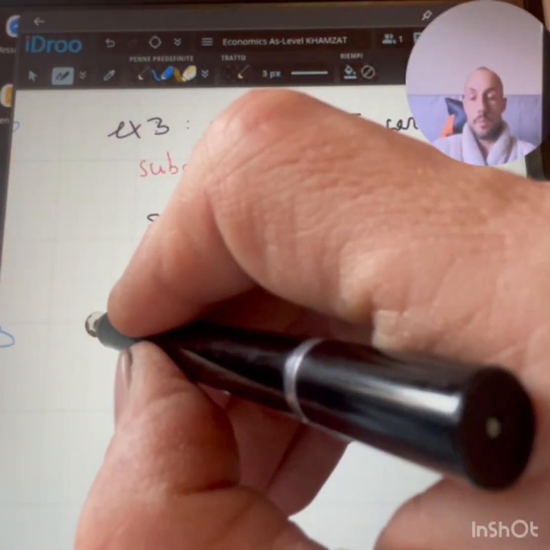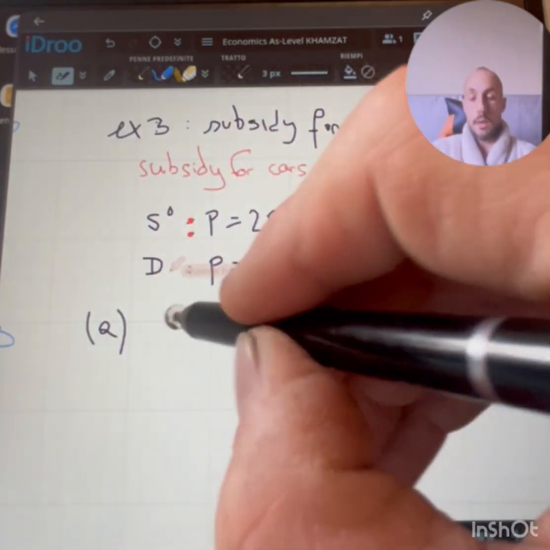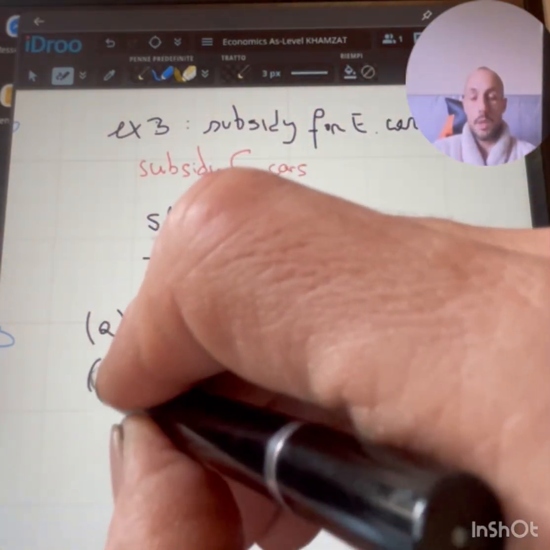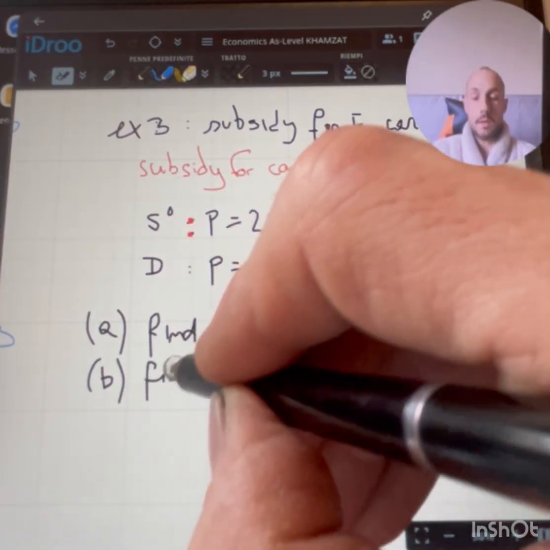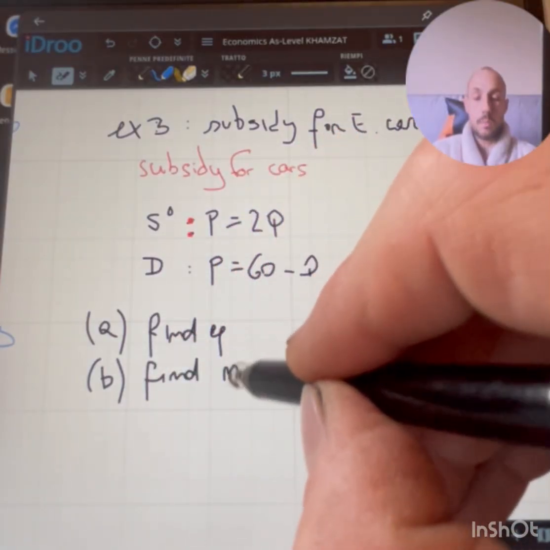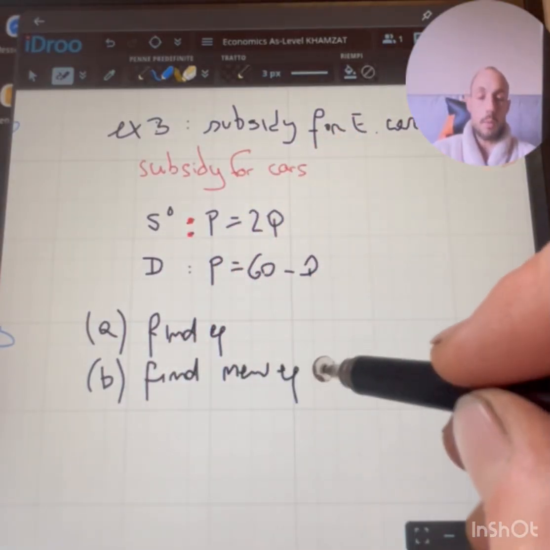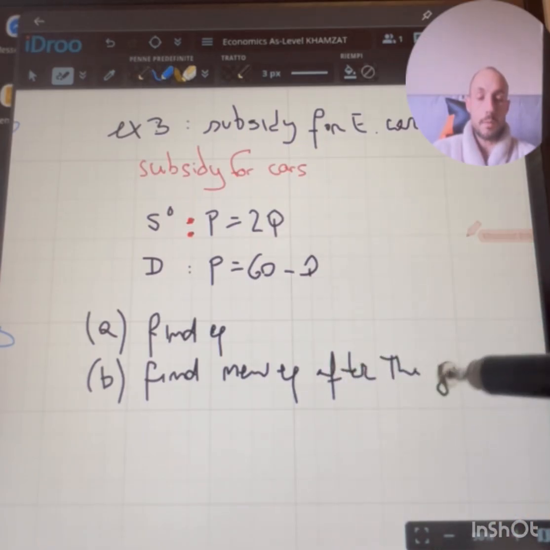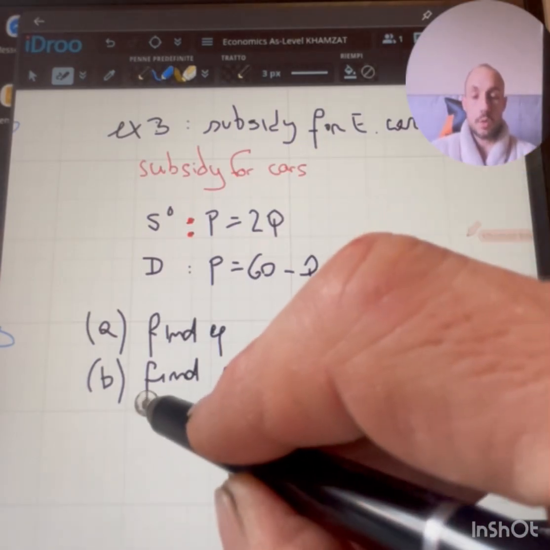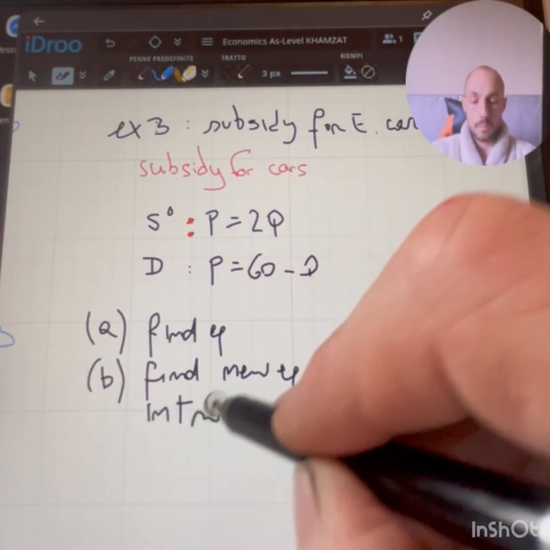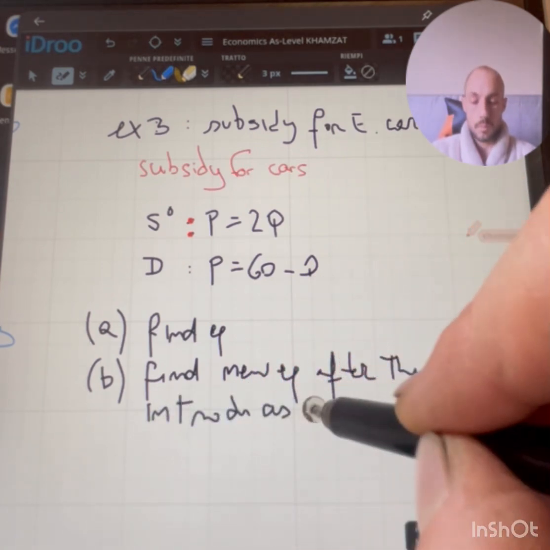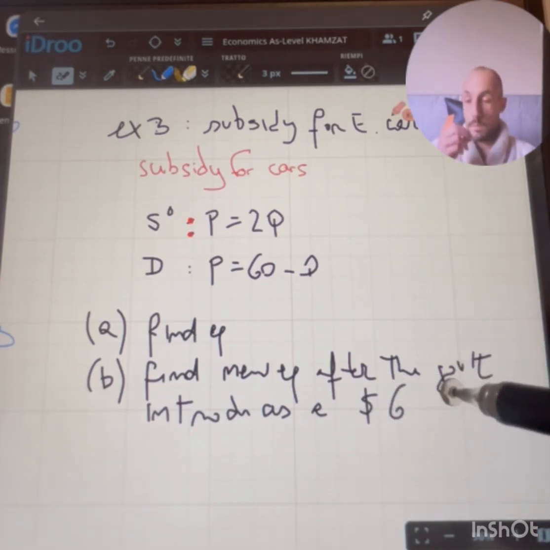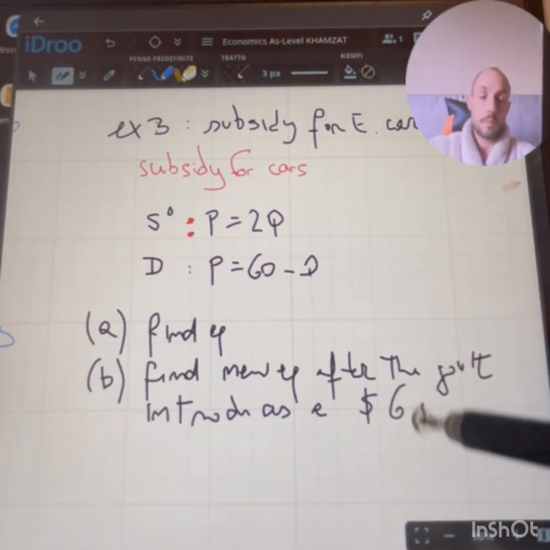So, as usual, A, find equilibrium. B, find the new equilibrium after the government introduces a $6 per unit subsidy.